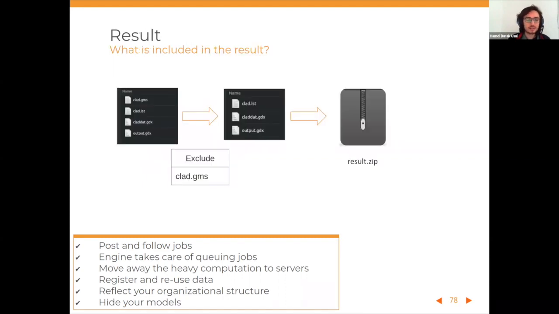So in here, I would also have an additional step. Instead of putting everything into the zip file, I would just exclude clear.gms and put the rest in the zip file. That way, you can let your customers run models and get their results back, but still they won't be able to see your model.